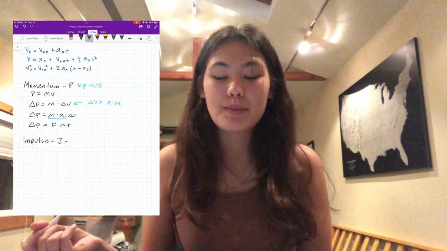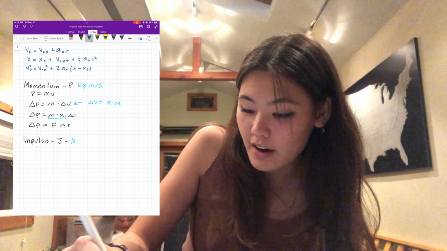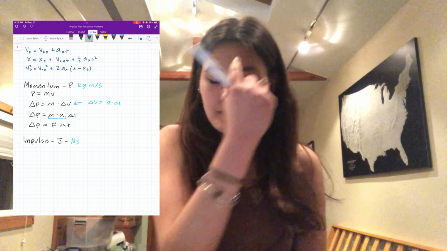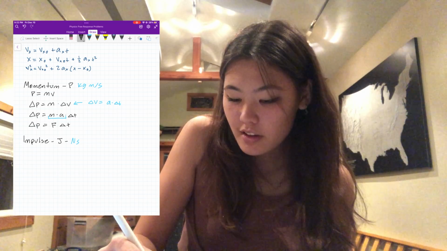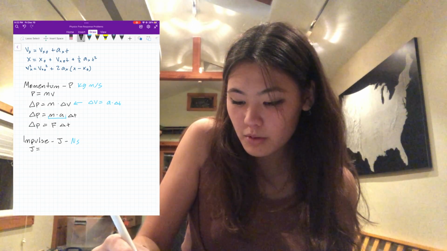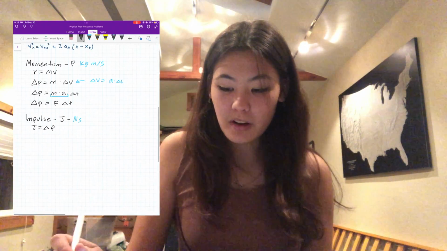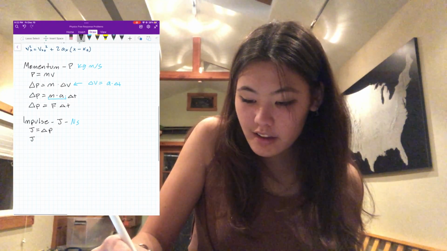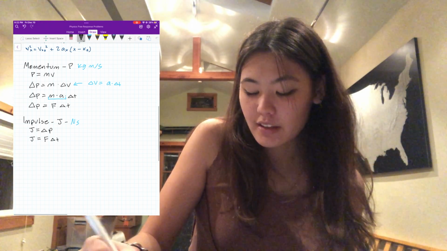Impulse is denoted by the letter J, and its units are Newton seconds, or N·s. And impulse is the change in momentum. So J is equal to delta P. As I said before, momentum is P. So then we also have J is equal to F delta t.